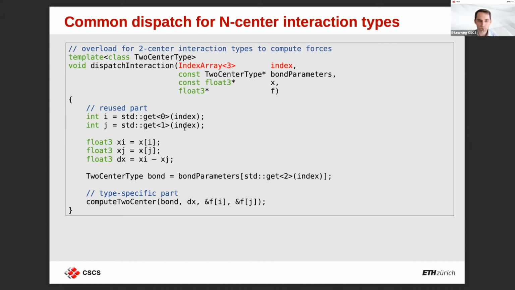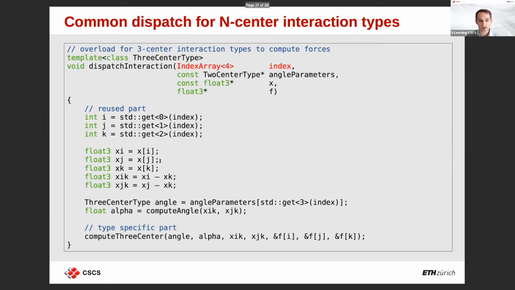And since I already know that once I look up the parameters of the bond in a type table, this will have a distinct type, I can again use simple overload resolution to call the correct function that implements the right force law. And so this dispatch interaction here handles all bonds, and it avoids code duplication for loading indices and loading coordinates, computing coordinate distances. So that's already a step forward.